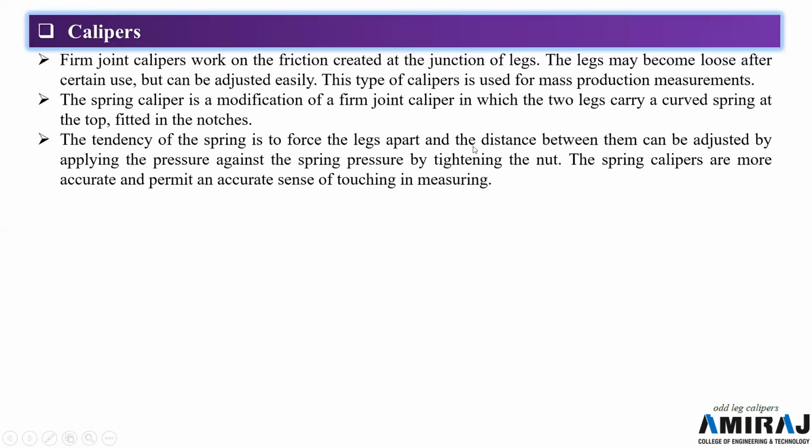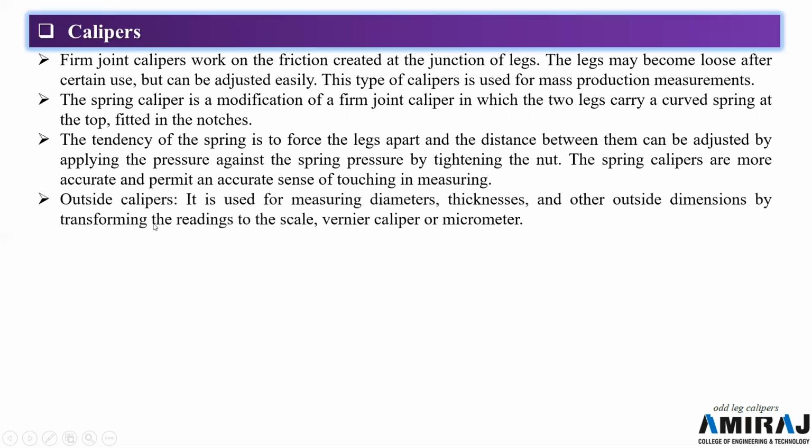The tendency of the spring is to force the legs apart, and the distance between them can be adjusted by applying pressure against the spring pressure by tightening the nut. Spring calipers are more accurate and permit an accurate sense of touch in measuring. Then there are outside calipers.